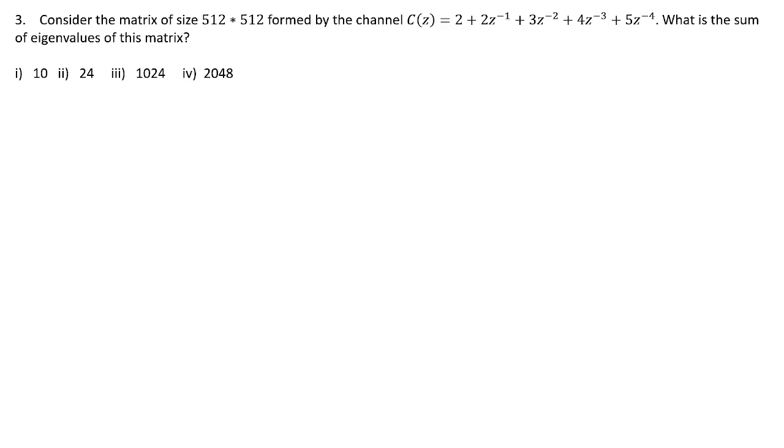Although that holds for a matrix whose dimensions are small, it is definitely not feasible for a 512 cross 512 square matrix. So you cannot compute the eigenvalues of this matrix in a direct manner. You need to use some other algebraic properties.